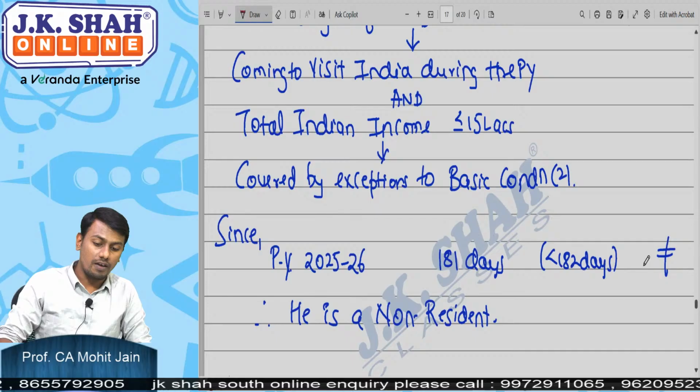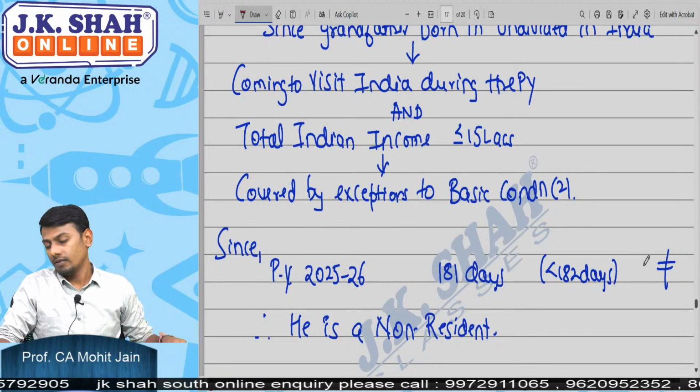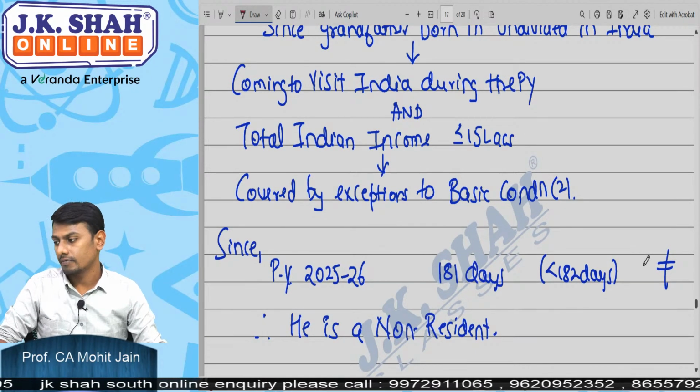So therefore F is a what, people? F is non-resident. Very simple.